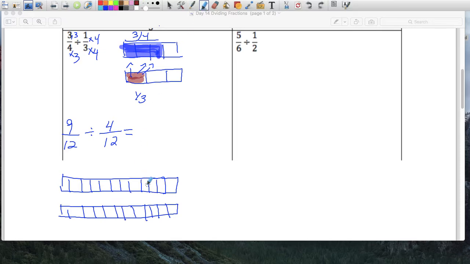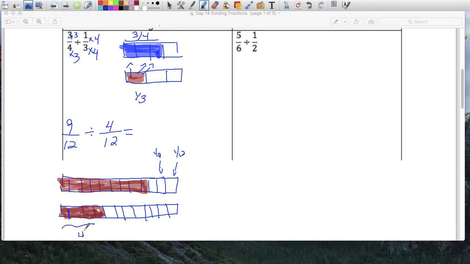So here, I'm going to shade 9, and here, I'm going to shade 4. 1, 2, 3, 4. Now notice that these sizes are exactly the same. These are all cut into 1/12 pieces, and so is the bottom. So this is 1, 2, 3, 4/12s right here.